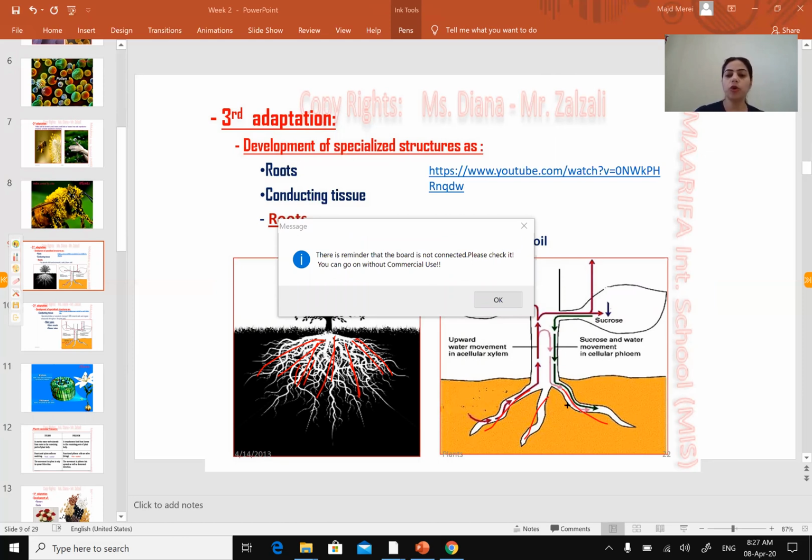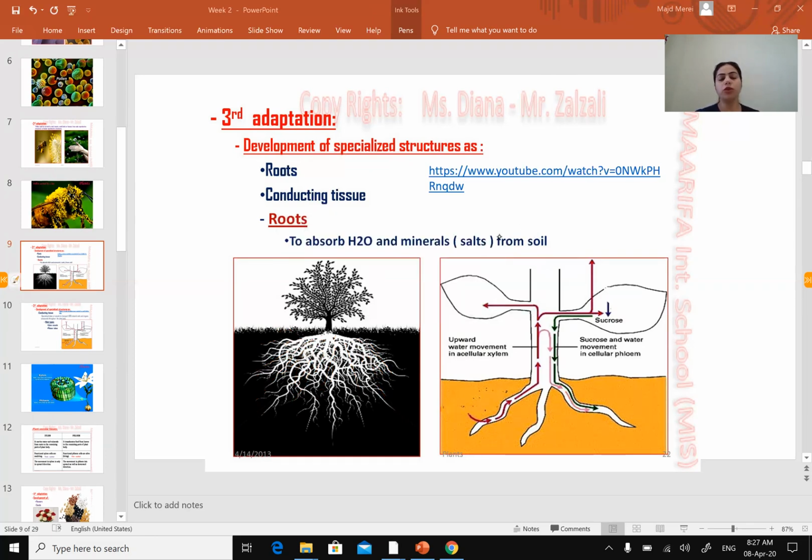To absorb water and to absorb minerals. So roots absorb water and minerals from soil. The second specialized structure is conducting tissues. There are two different types of conducting tissues.